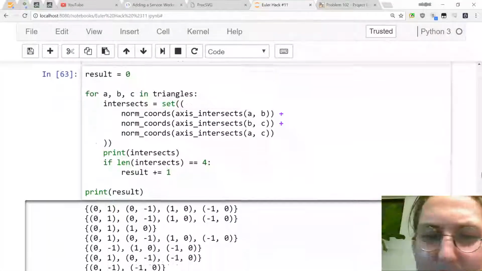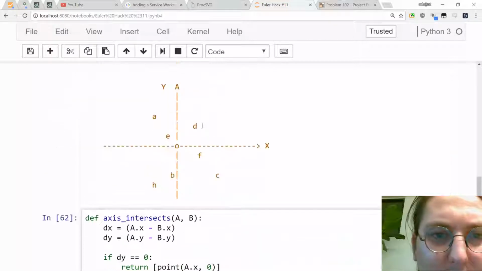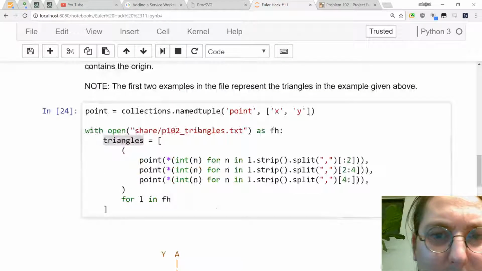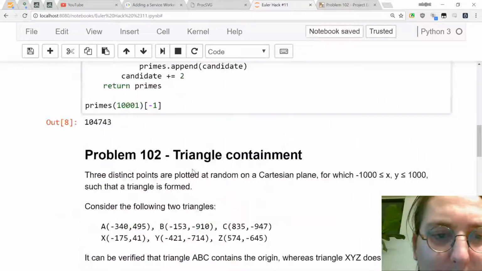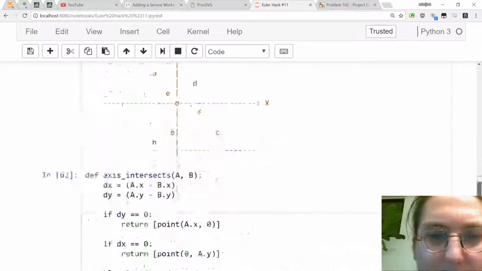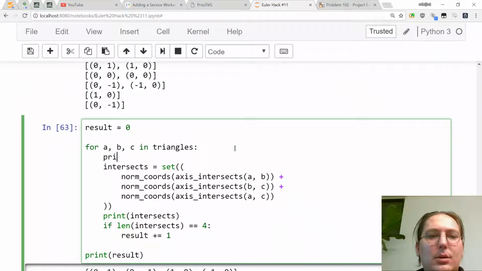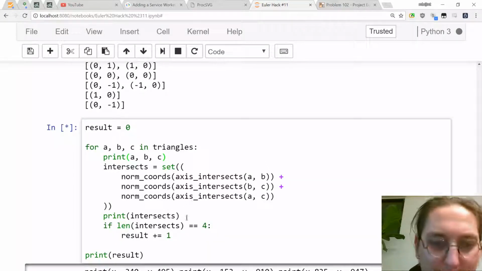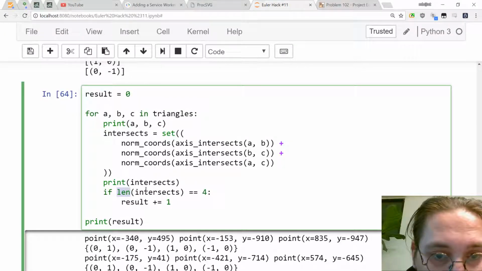So we can sanity check, I guess, with our test triangle. The test triangle was the first two according to the description. So the first one should be... yeah, so let's just print the ABC and the results.